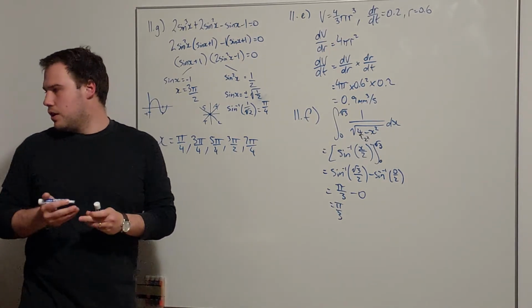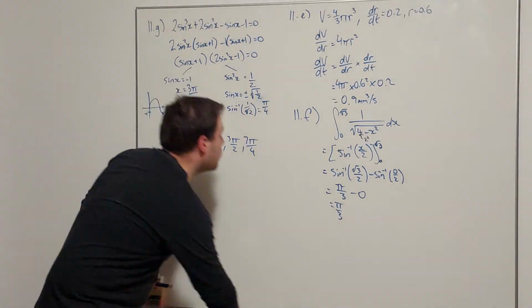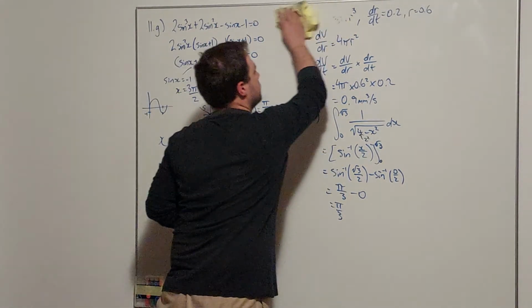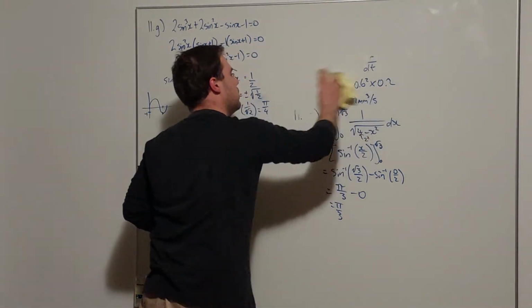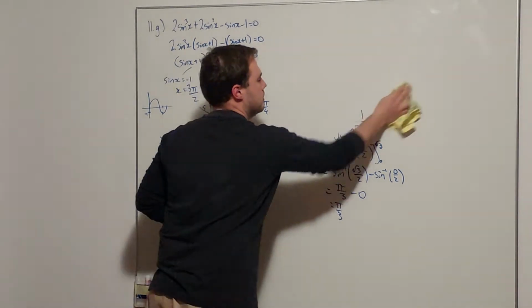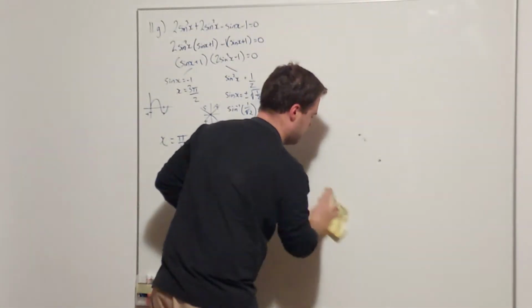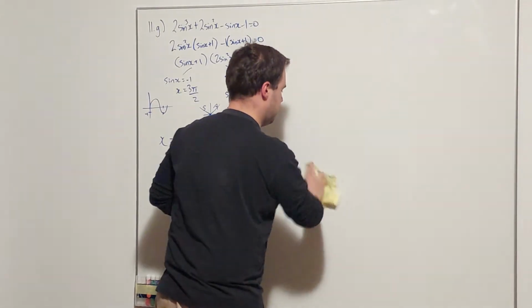Alright, 11h. The roots are, and then we have some quartic polynomial with a few terms missing, so their coefficients are going to be 0, big old naught.